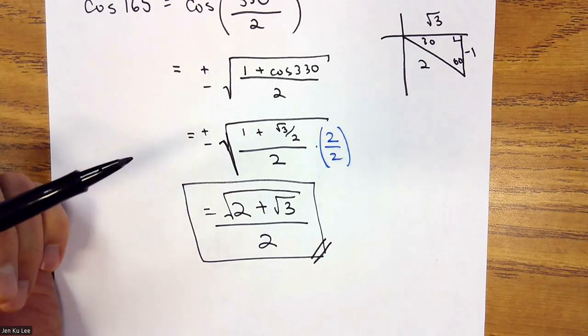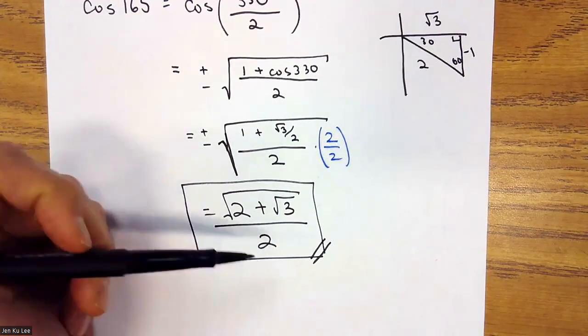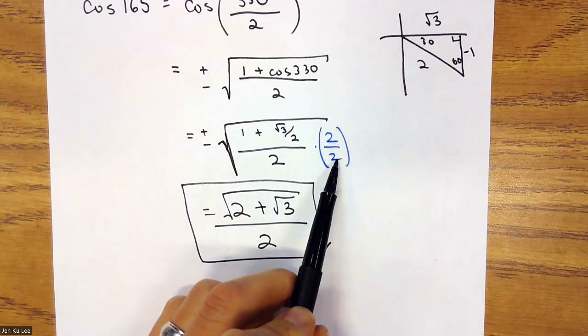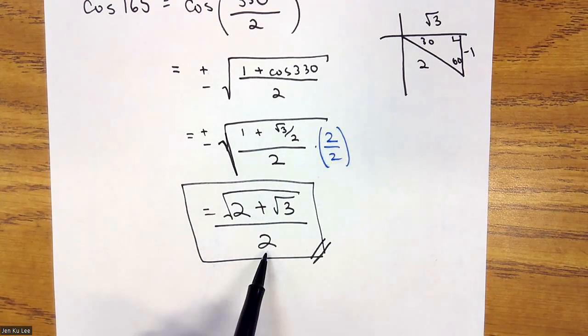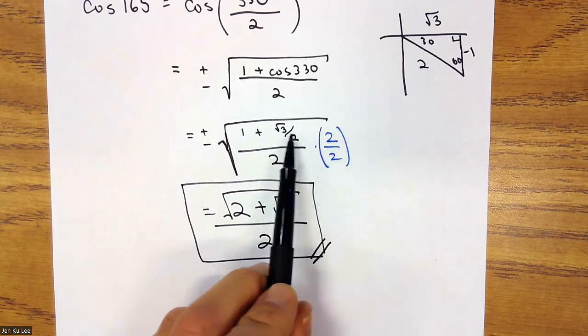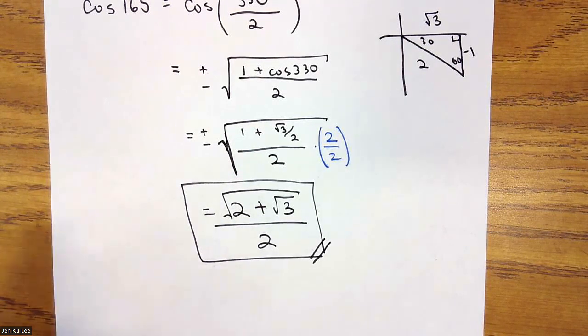So the reason why my denominator is 2 is because I multiplied it by 2 over 2, but 2 times 2 is 4. Square root of 4 is 2. And then everything else I just multiplied. 1 times 2 is 2. Square root of 3 over 2 times 2 is the square root of 3. Okay?